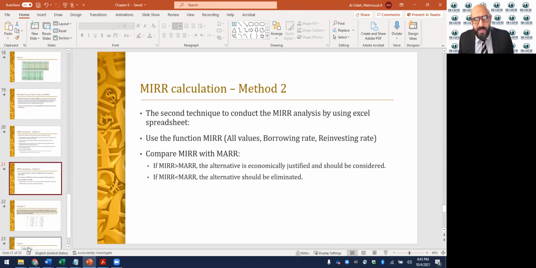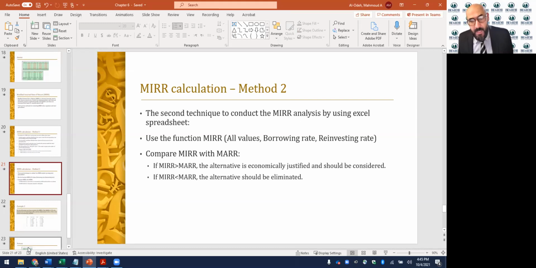The other technique is using Excel. I love Excel because it's more accurate and easy, and we don't have to worry about all these equations. This is the beauty of technology, right? What we need to do for using Excel is to use the function called MIRR.